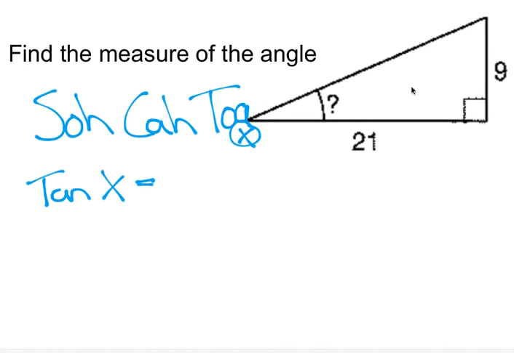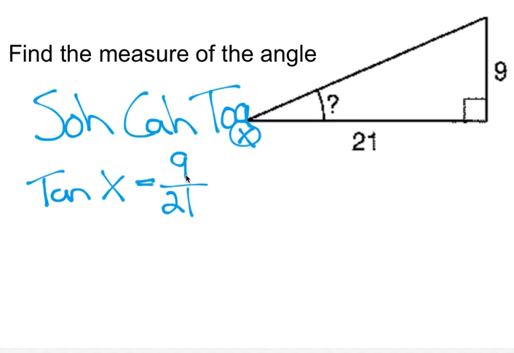Opposite over adjacent would be 9 opposite over adjacent, which would be 21. Now at this point it becomes a graphing calculator problem. There's no way to get x by itself without using your graphing calculator. Assuming it's going to want you to approximate the angle. But basically we have tangent of x equals 9 over 21.